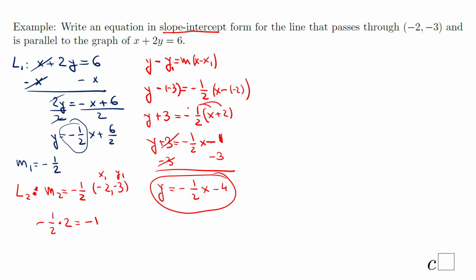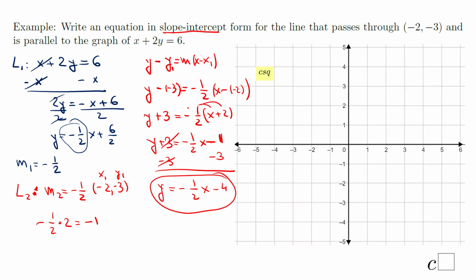Again, we can look a little bit at a graphical approach. This line here, I can graph it going to negative 4 and then going 1 up, 2 left to get that negative slope. Okay, this is the second line.